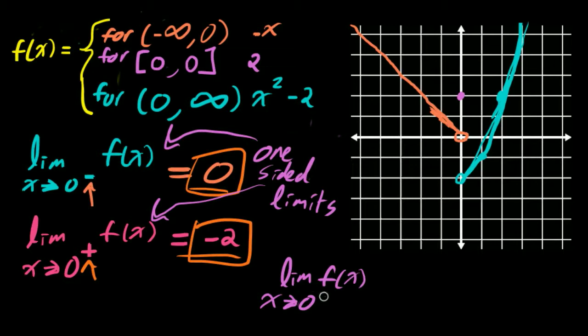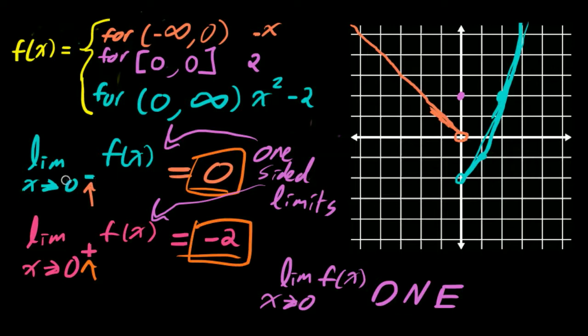What we can say about the double-sided limit, or just the regular limit that we've seen over the past couple of videos, is that if these two limits aren't equal, if we approach a different number from the left than we would from the right, then we can say that this limit of f of x as x approaches 0 does not exist. And that's how you're going to notate it on your homework or on a test, or maybe you won't. Maybe you should ask your teacher about how you should write that down. Typically, this is how that's written down.